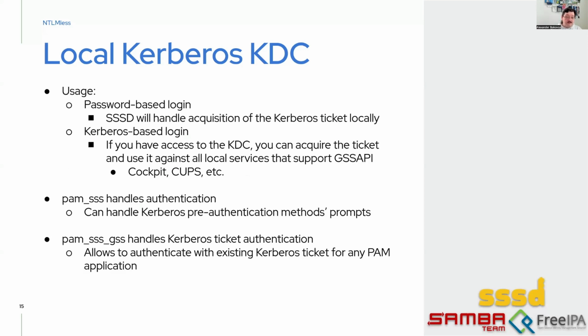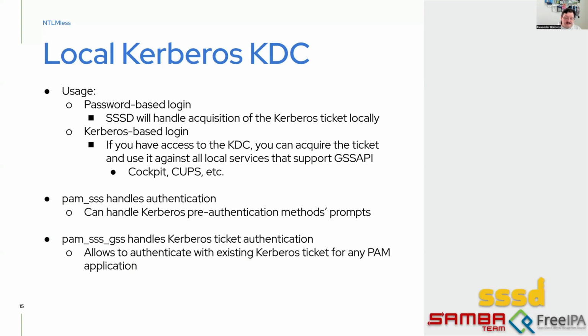And this already gives you password-based login and Kerberos-based login. If you have access to the KDC and can get an initial ticket, then you can authenticate against all services running on this machine. So technically, if I had an initial ticket on my workstation, or copied the ccache from that machine and tried to use it to access Cockpit, I would get that access, or I would get access to Kubernetes and so on.